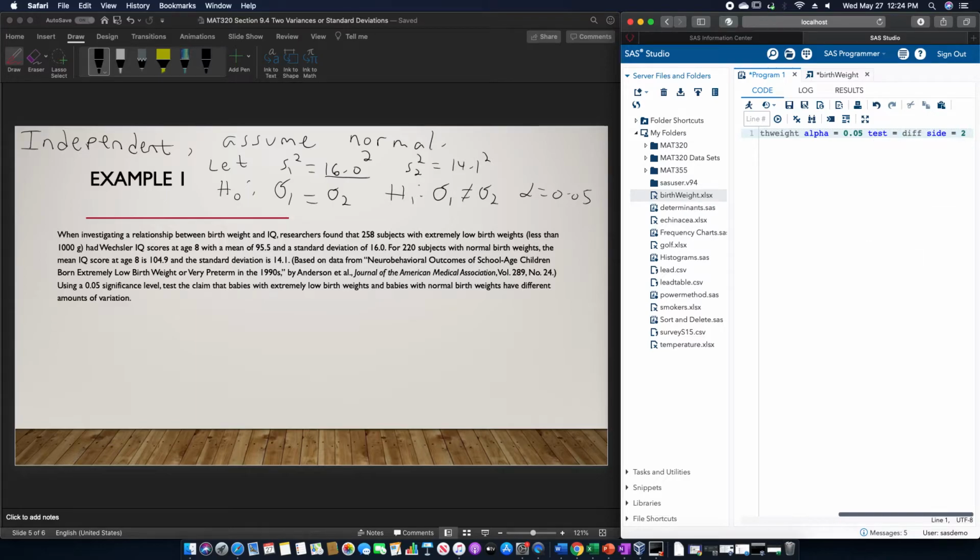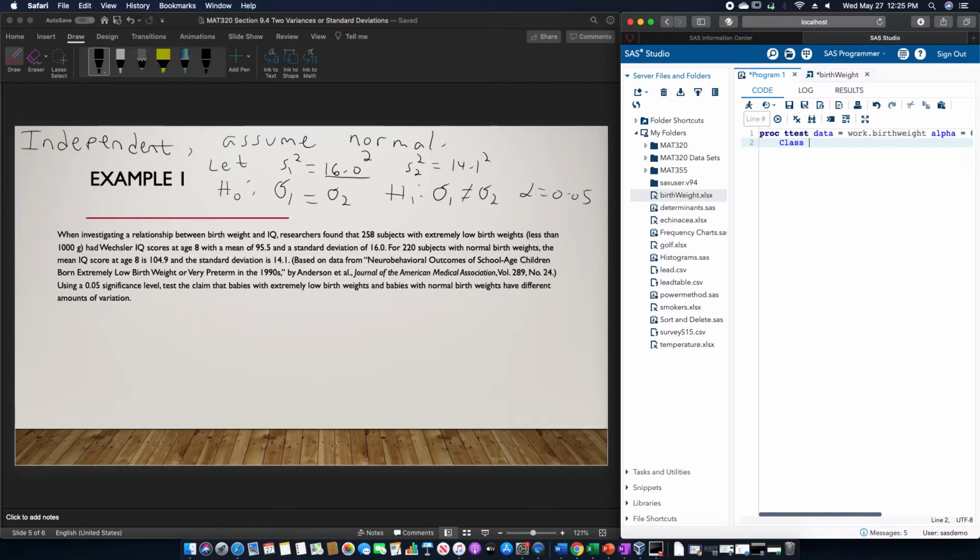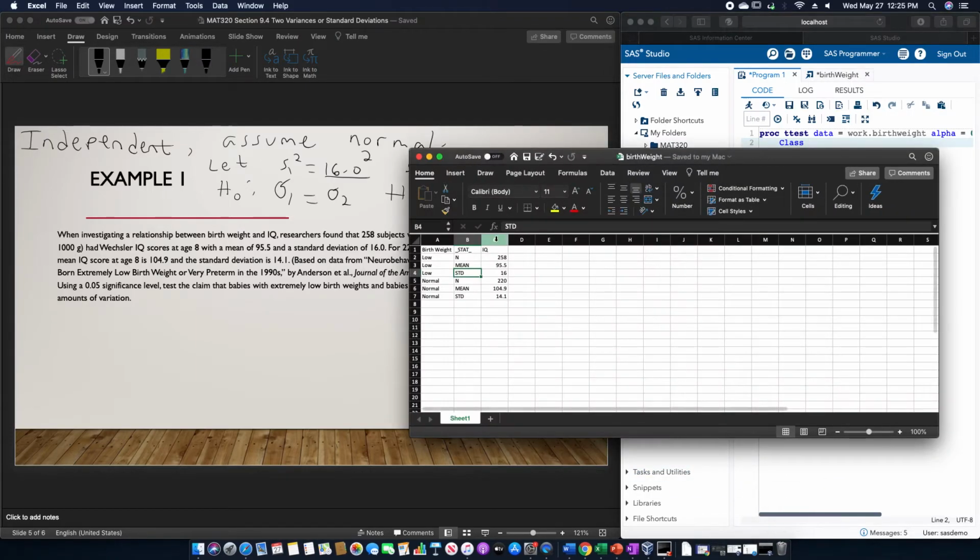And now we could specify that the null hypothesis is equal to 0, but again, that's assumed. You don't technically really need it. The class for this, based upon the way that this data set was coded in the file, we call this birth weight and IQ.